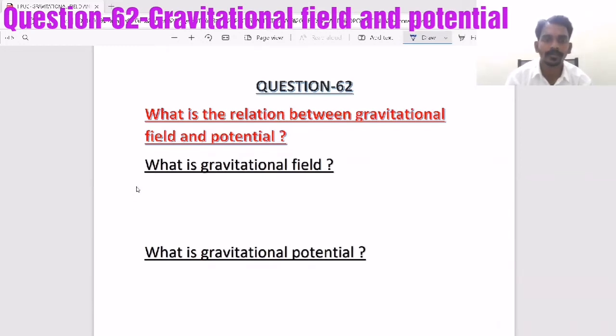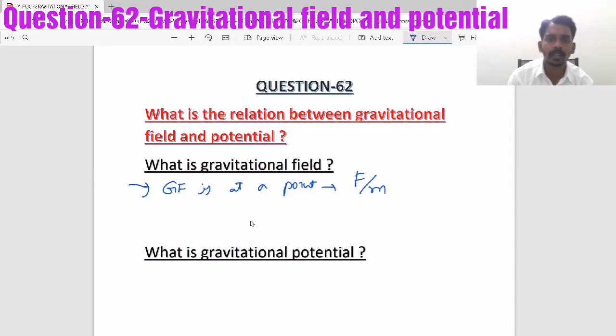So the very first thing we have to understand is what is gravitational field. The gravitational field at any point is nothing but gravitational force per unit mass. At any point, if there is a mass, then the gravitational field I equals the gravitational force experienced per unit mass.